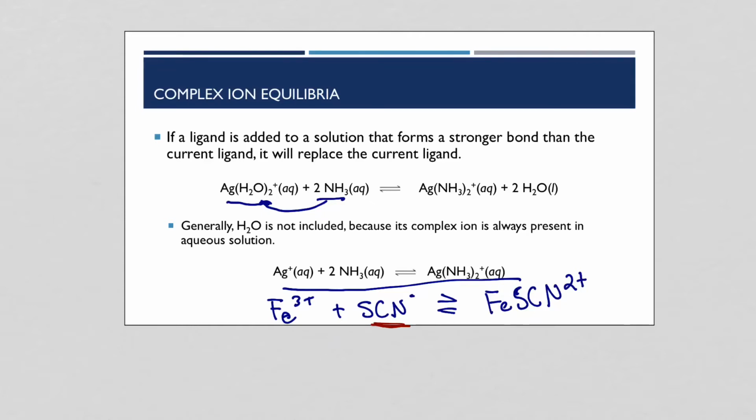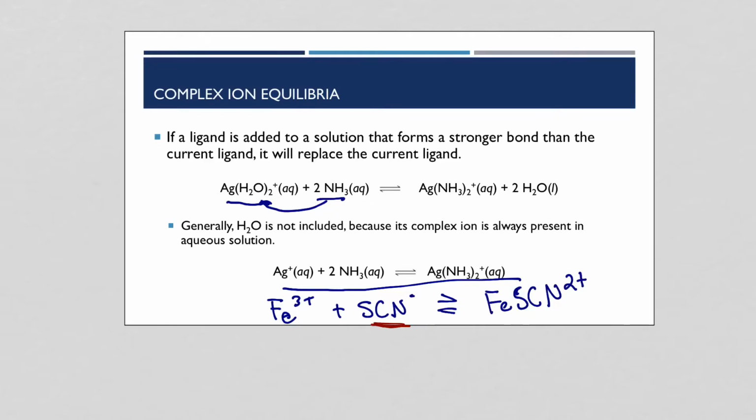The -1 cancels out one of the positives, so the overall charge when you combine these is a 2 positive. So if our ligand is an ion, it's going to affect the charge of the overall complex ion, and it will be different than what the metal center is.